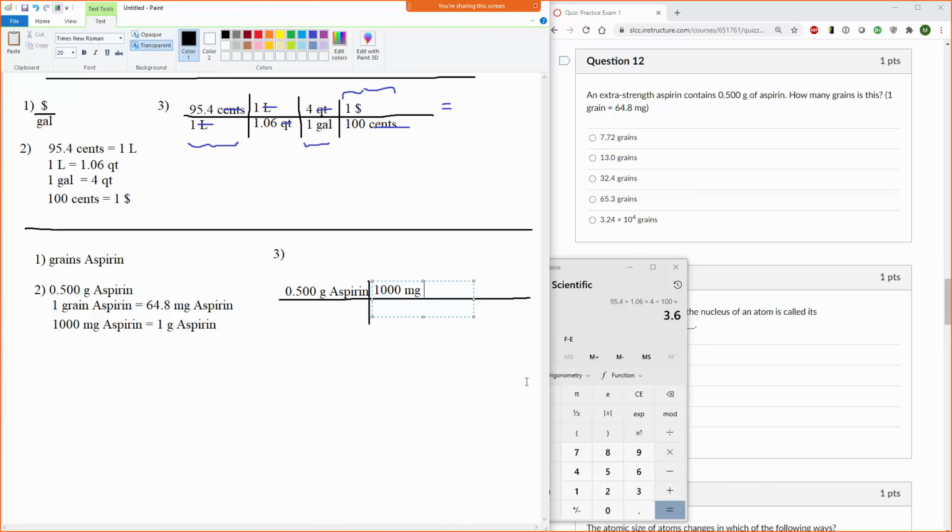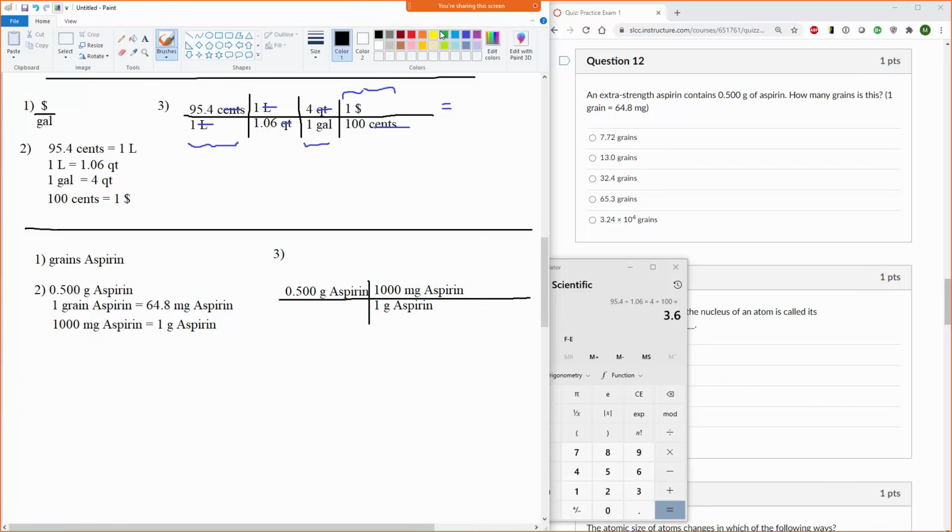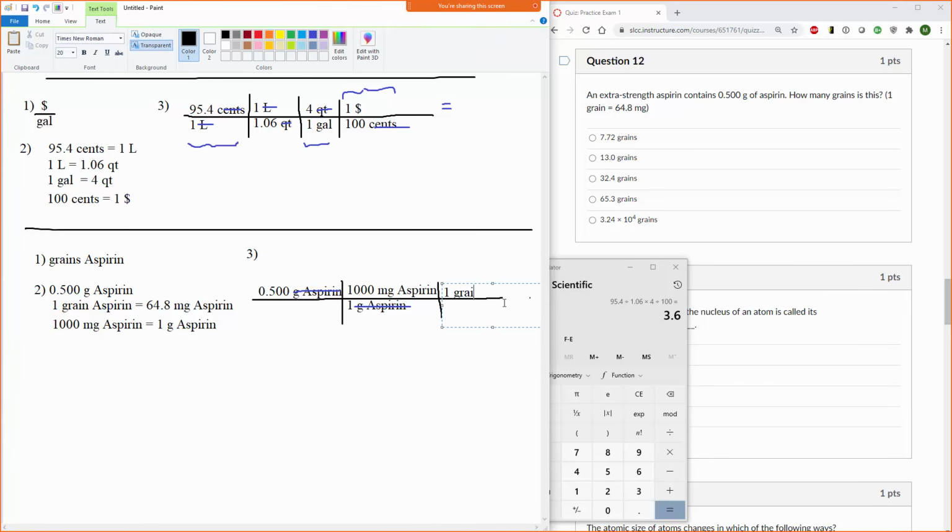All right, so 1,000 milligrams aspirin over 1 gram of aspirin. Grams of aspirin cancel, and we're left with milligrams of aspirin. What shall we do next? Nicole says we're going to put 1 grain over 64.8 milligrams aspirin.